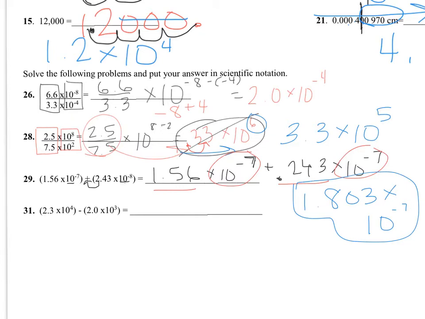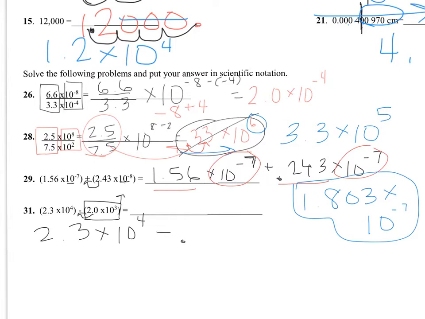We'll do the same thing on question number 31. I'm going to change the second one again. We're going to change that exponent. So we have 2.3 times 10 to the 4th minus, and I want this 3 to go up to a 4, so I move my decimal point 1 place to the left.